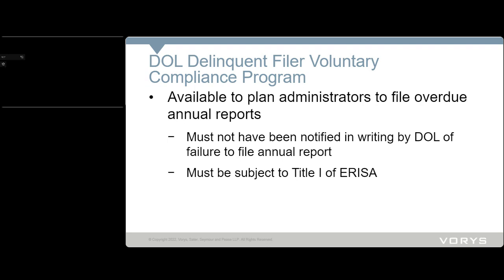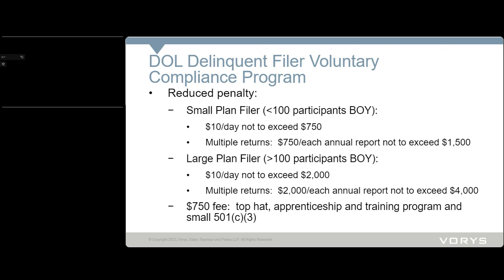You are eligible as a plan administrator if you have not been notified in writing by the Department of Labor of the failure to file the annual report, and you have to be subject to Title I of ERISA. Again, if you look at those penalties, which are going to $2,400 a day next year, you can see on here the penalties if this somehow slips through the cracks.